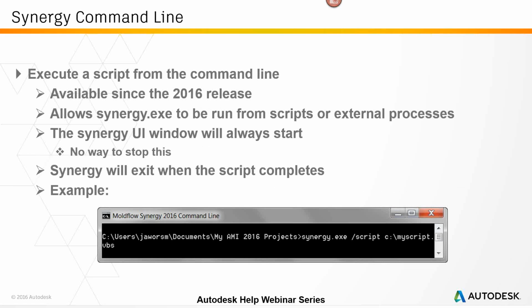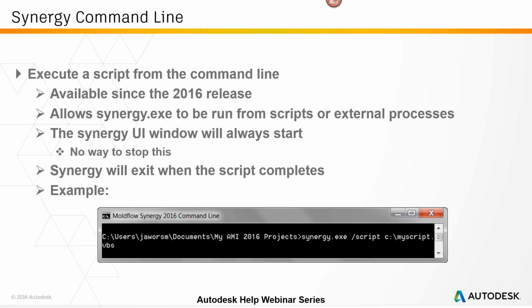And new in 2016, we added the ability to run scripts through the Synergy command line, meaning that we can now go into the command line and start a script without even opening the software. It'll do that for us automatically.